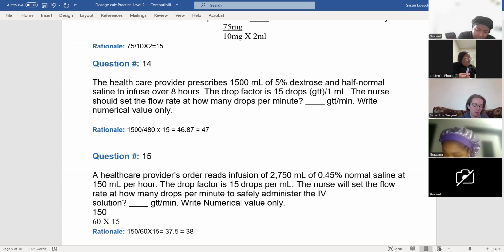That 1100 is your minutes. 2750 divided by the 1100. And then multiply that times your drop factor, which is 15. And you should have got 37.5. Did you?